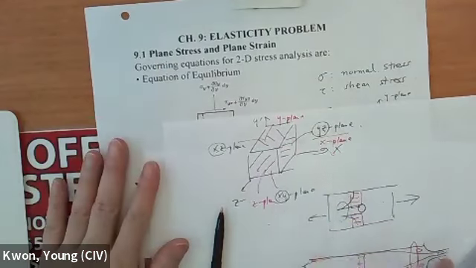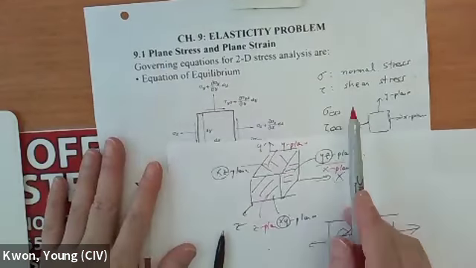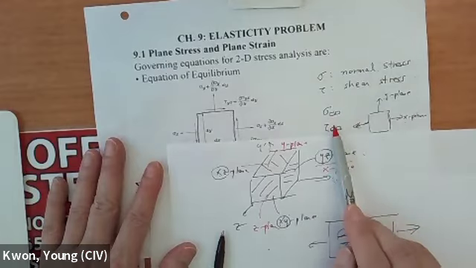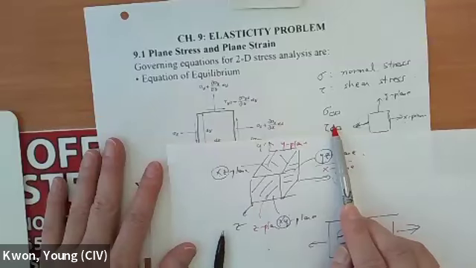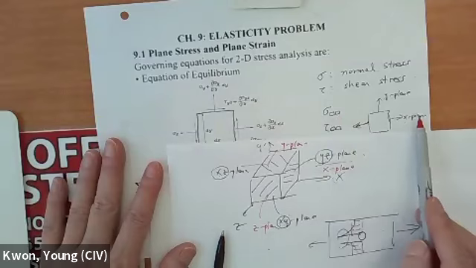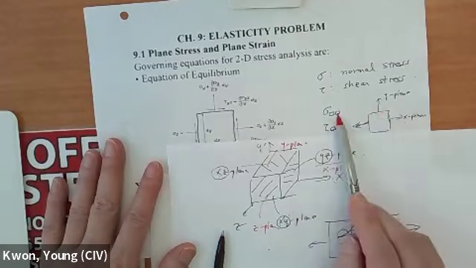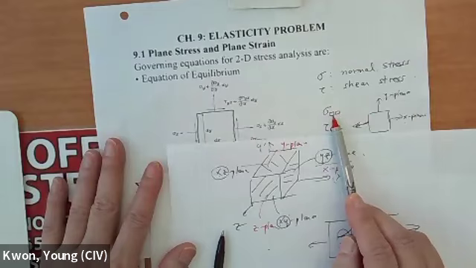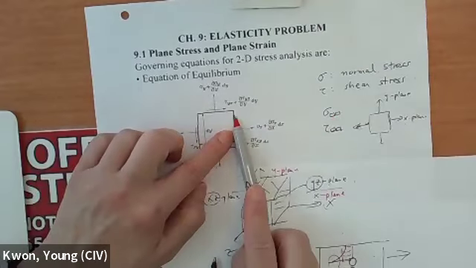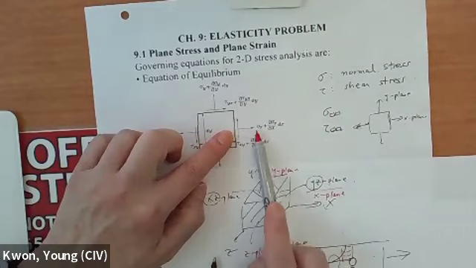So in 2D we have only the X and Y plane. The first index, or first subscript, indicates the plane to which the stress is applied, either the X or Y plane. The second subscript indicates the direction of the force, either the X direction or Y direction. So this one indicates the direction of the stress, and this indicates the plane where the stress is applied. If you look at this plane, this is the X plane, so the normal stress is going to be sigma.